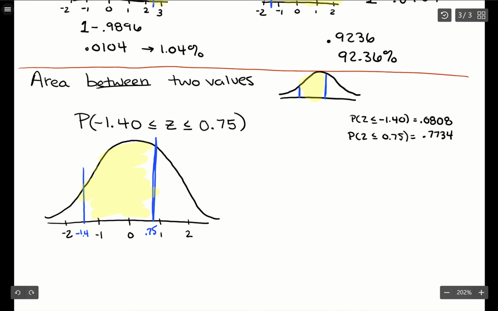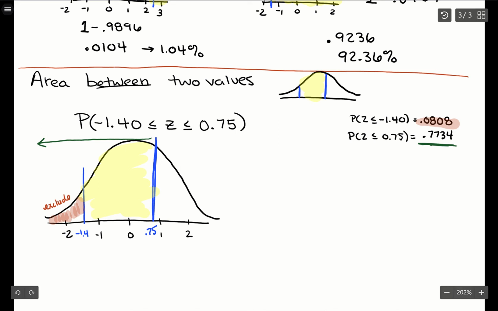So let's see how these areas come up on this picture. So the 0.0808 is representing this area to the left-hand side here, which what we want to see is that we actually don't want to include that. We want to exclude that area. But it gives us an idea of how much we want to exclude. So when we look at the 0.7734, what that area represents is everything to the left of the 0.75.